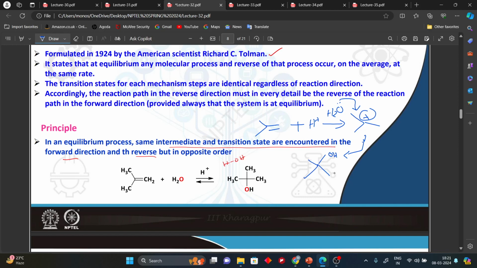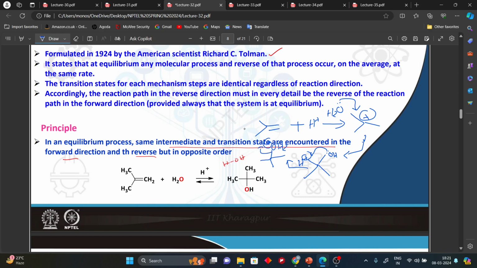This is the forward part. Now in the opposite direction, what should happen is completely the reverse of that. If we again charge this with H plus, it will get protonated, and with the same intermediate it will go like this. Here you can see the identical thing.